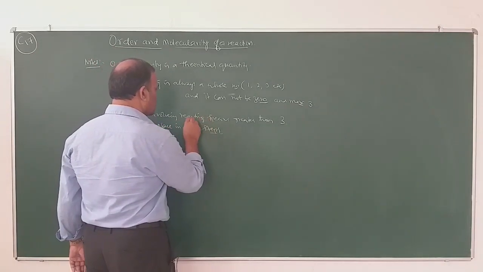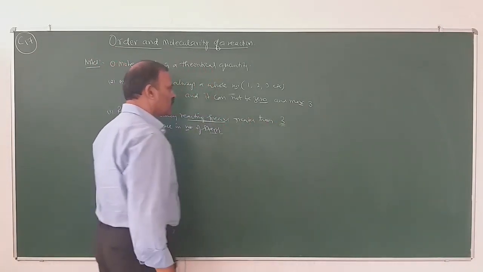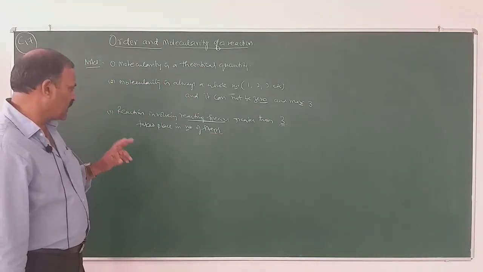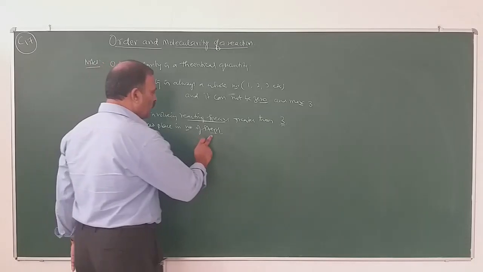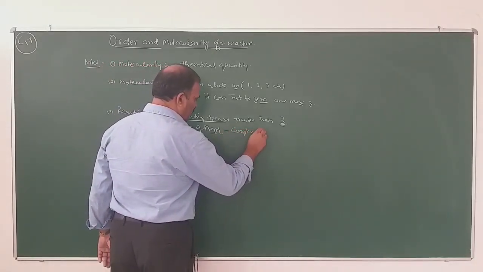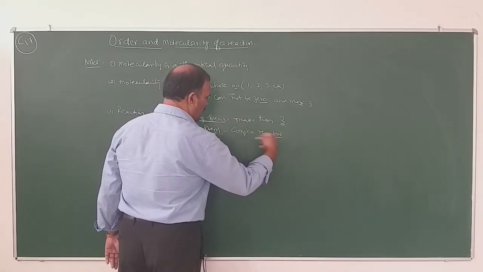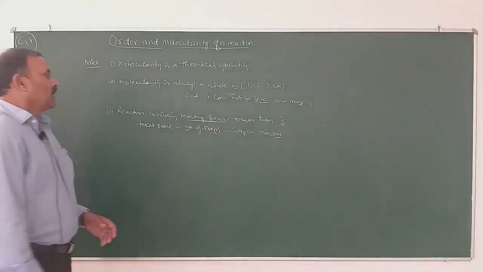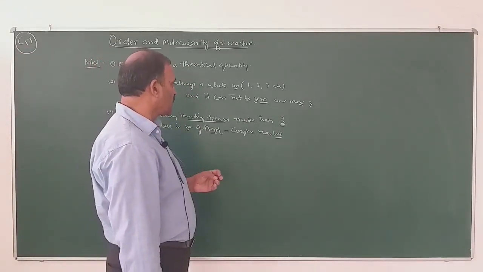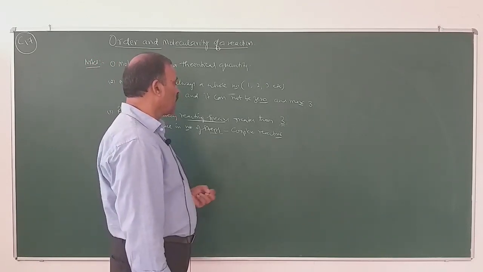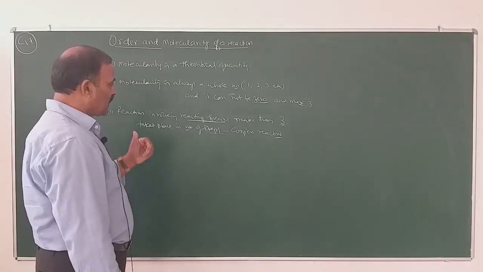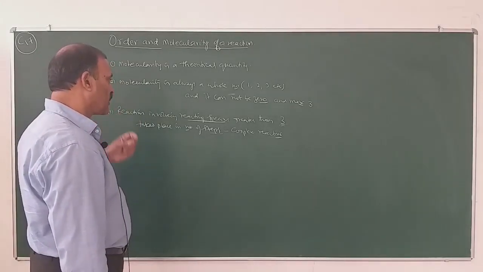That means if the number of molecules of reactants is greater than 3, the reaction does not take place in a single step, it takes place in a number of steps. Those reactions are called complex reactions, because simultaneous collision of 3 molecules during a reaction takes place very slowly. Therefore, if the number of reacting species exceeds 3, the reaction takes place in a number of steps, which are called complex reactions.